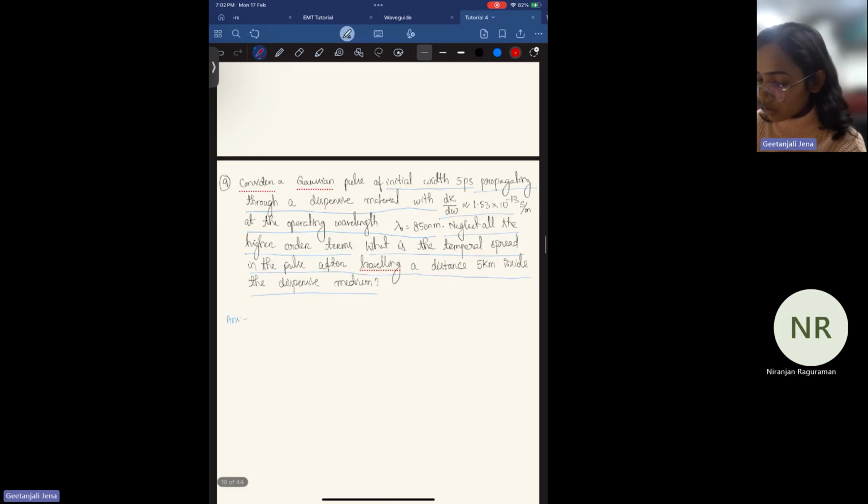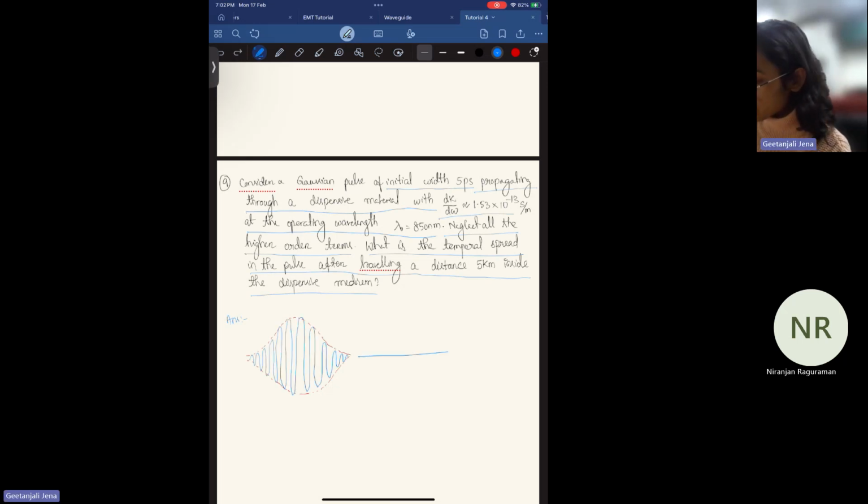If you recall, we have the pulses in terms of the wave packet. Later we'll see that inside this wave packet also there is a variation of the frequency, which is known as chirping. So we have this pulse. Now it propagates through a dispersive medium.